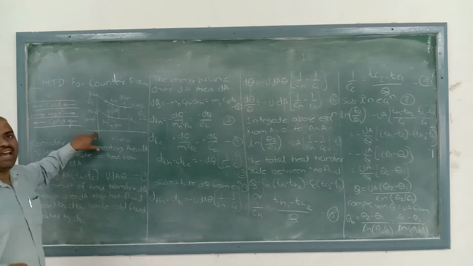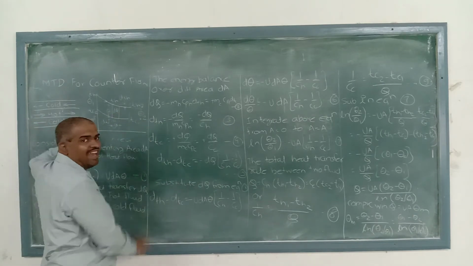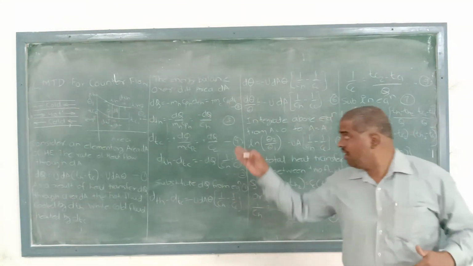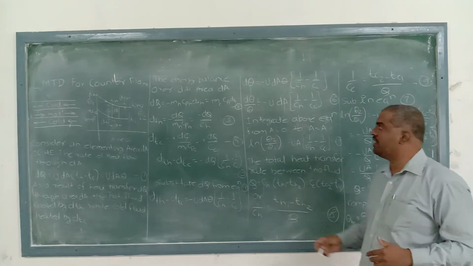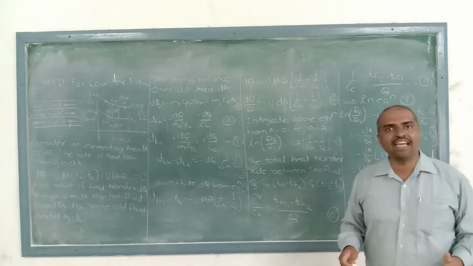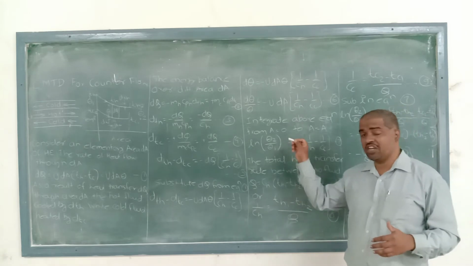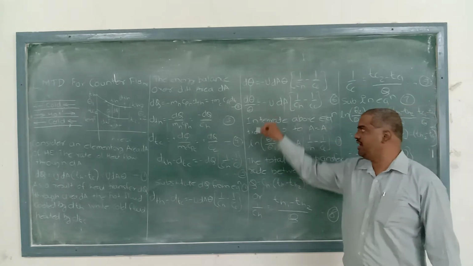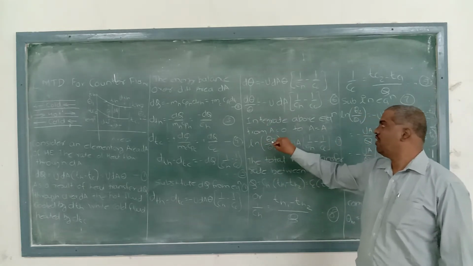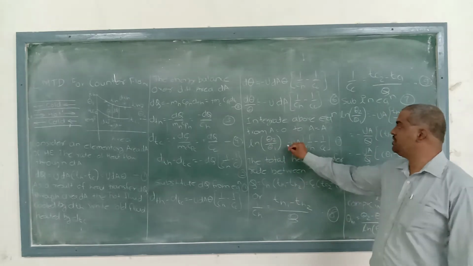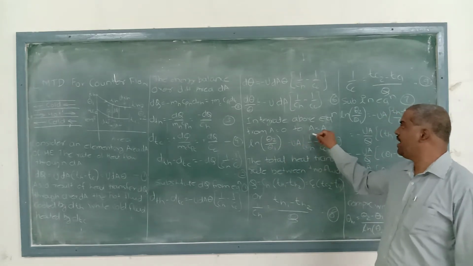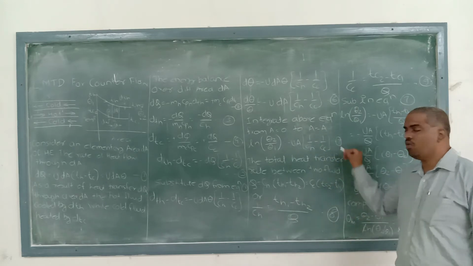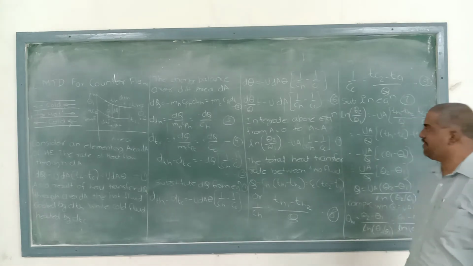Which means at this section the area is 0, and at this section the area is equal to A. So for the overall heat exchanger we have to calculate, we are going to integrate the equation between A is equal to 0 to A is equal to capital A. After taking the integration we are getting ln of theta 2 upon theta 1 is equal to minus UA into square bracket 1 upon Ch minus 1 upon Cc. We are calling it equation number 7.